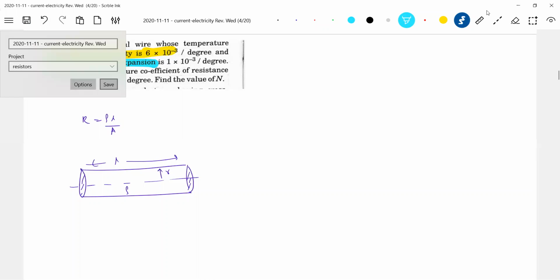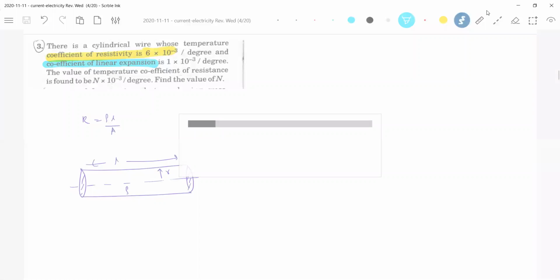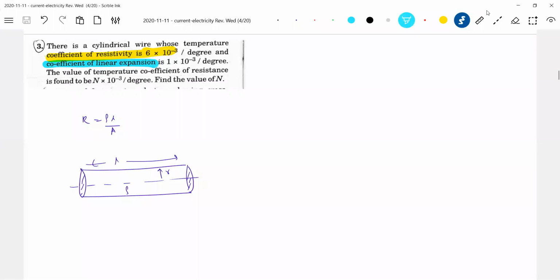In YDSC, we brought in mu varying with temperature, d mu by dt, and gave it some symbol k. Similarly for resistivity. So anywhere you can bring in the idea of a quantity varying with temperature: coefficient of resistivity, coefficient of refractive index. The ideas are similar here.